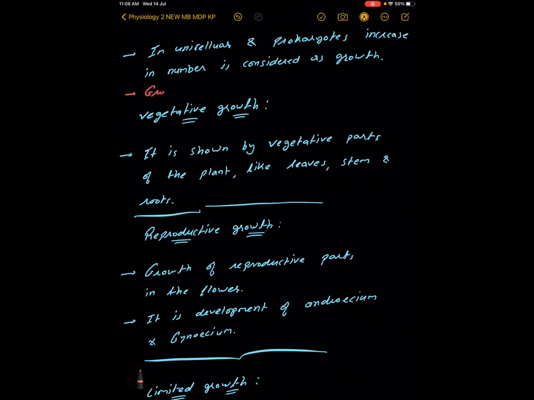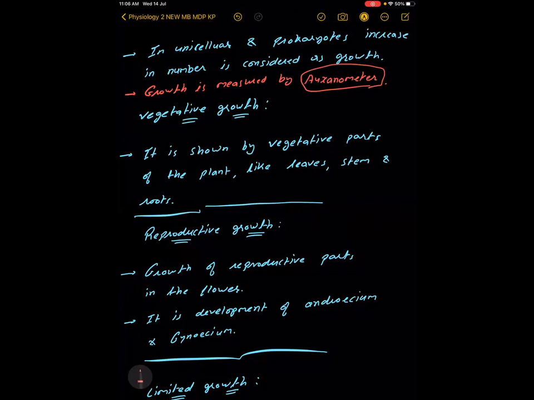Growth is measured by one tool or equipment that is called auxanometer.